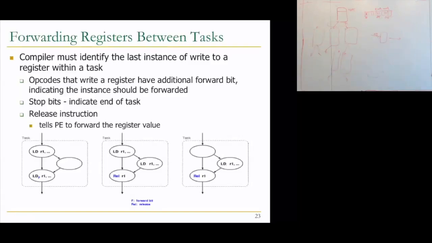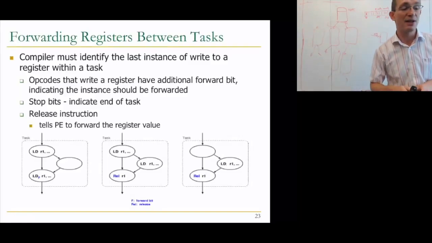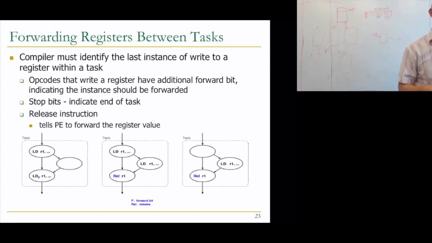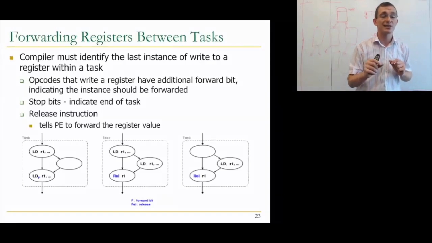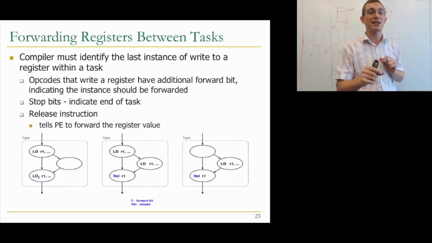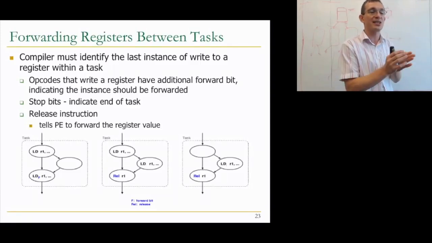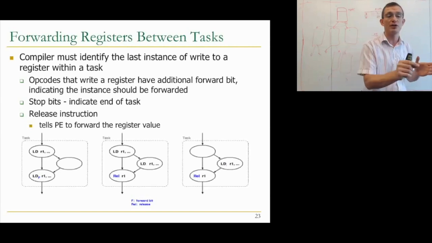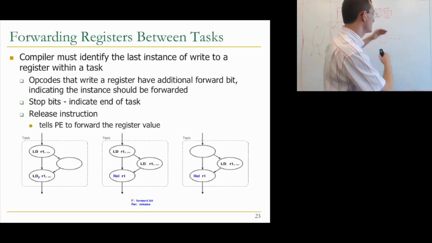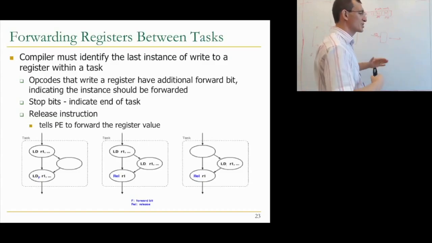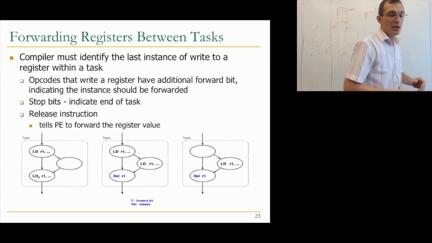So how does forwarding registers between tasks happen? The compiler must identify the last instance of writing to a register within a task. You may be writing to a register many times within a task, but we want to forward only the last value, because remember these tasks are in a sequential order.